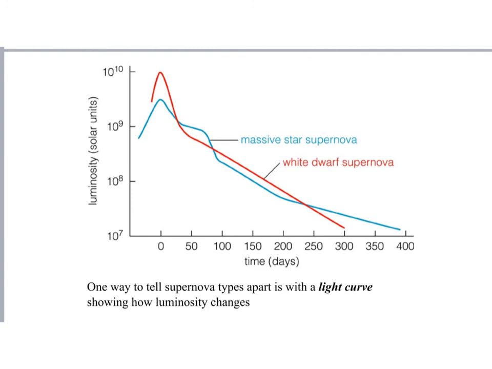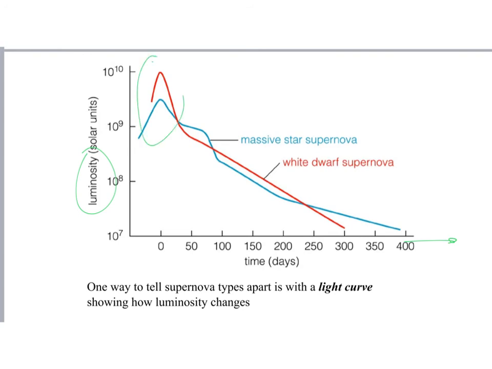So you might wonder how do we know one type of supernova from the other? One way to tell the supernova types apart is by looking at how the brightness or the luminosity changes with time.